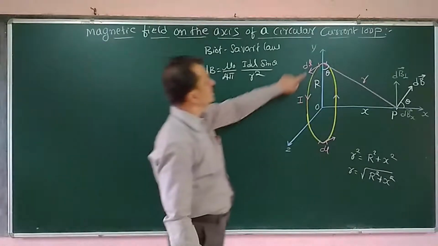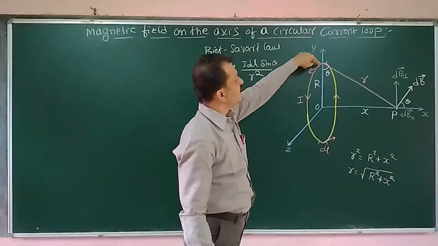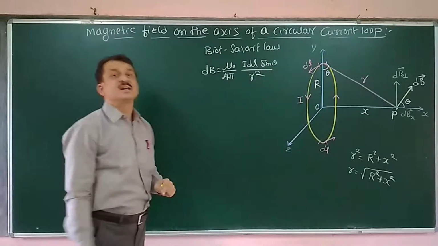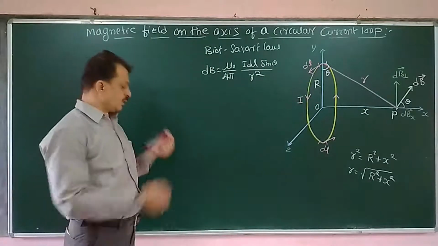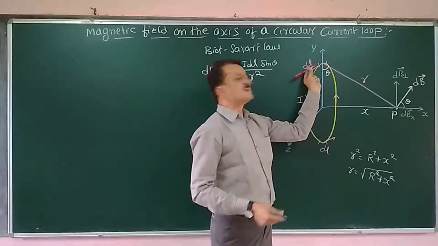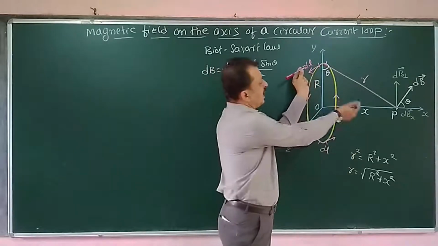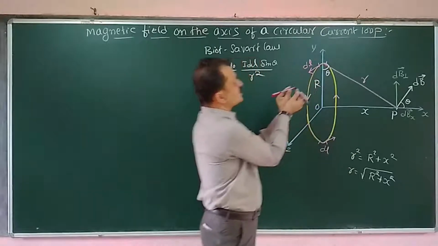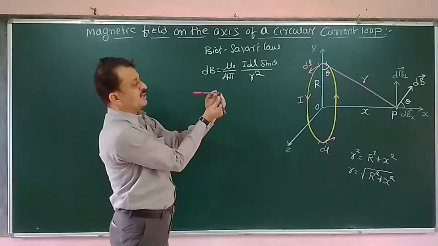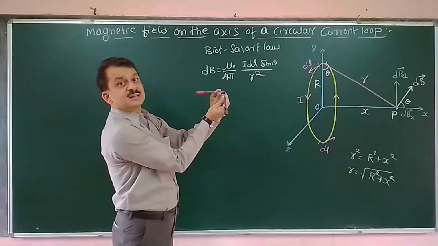But here the angle between the current element and the line joining the point to the current element is 90 degrees. I will show it with these pens. If the red ink pen represents the direction of the current element and this black ink pen represents the direction of the position of the point P from the current element, the angle between the two remains 90 degrees.